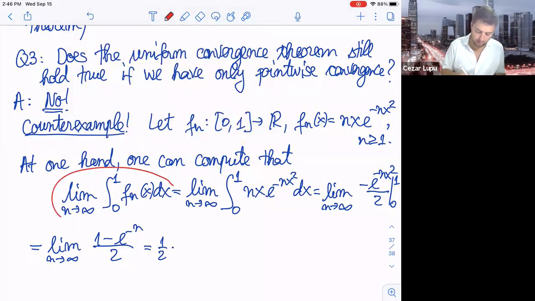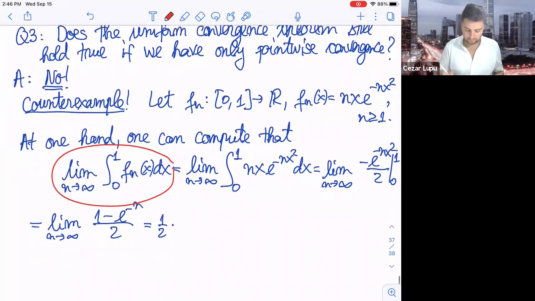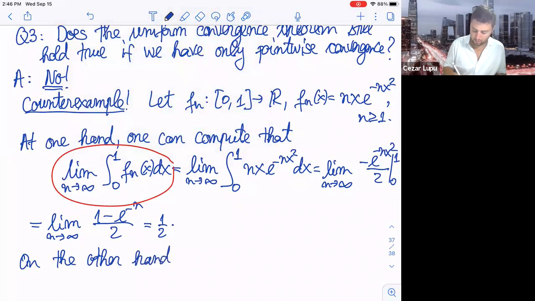So that is the limit of the integral, and now guess what? On the other hand, in fact, we should have pointed this out in the first place.